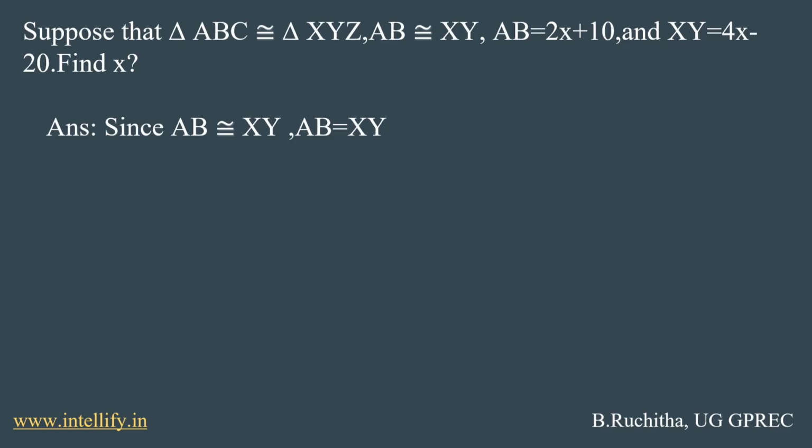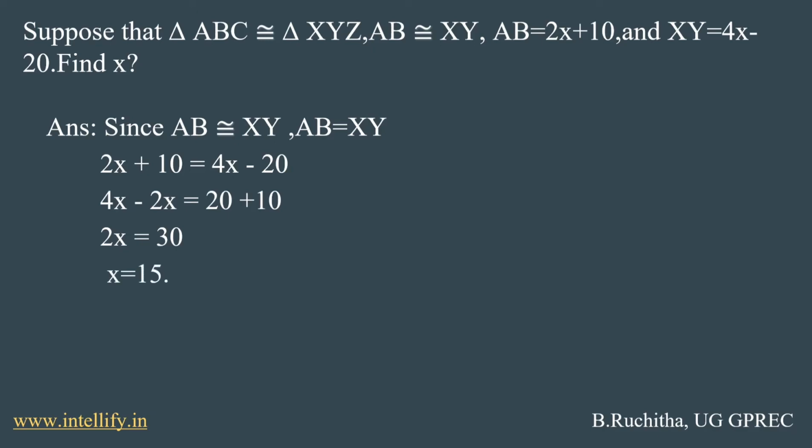Since AB is congruent to XY, the length of AB should be equal to XY. So we can write 2x plus 10 equals 4x minus 20. 4x minus 2x equals 20 plus 10. 2x equals 30, x equals 15. Therefore, the value of x is 15.